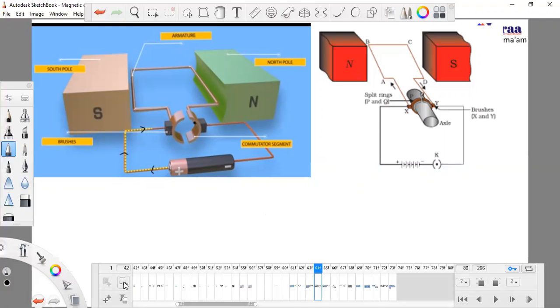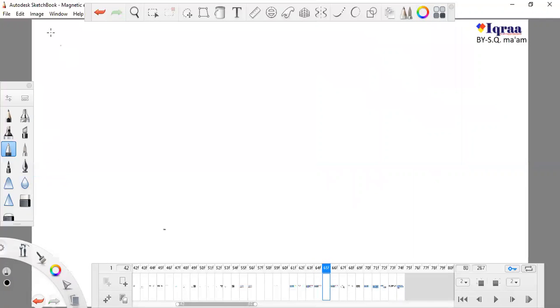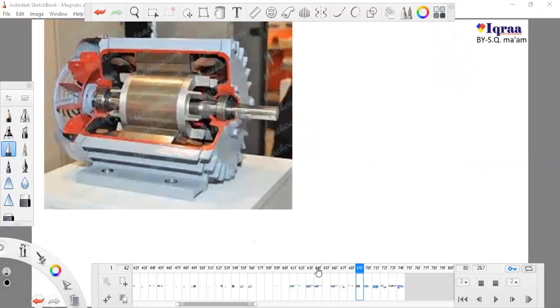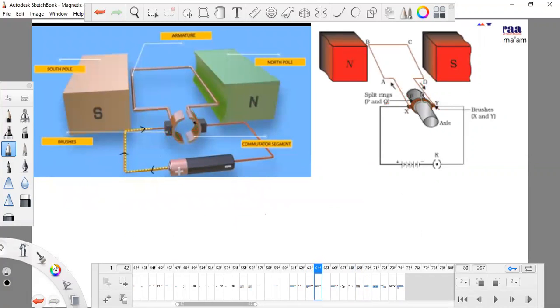First of all, let me tell you one more thing, that we are studying about the electric motor. This is how our motor looks in real. Have you seen this anywhere? This is our armature. This is the real picture, and the other is a hypothetical picture; we are just trying to make you understand.